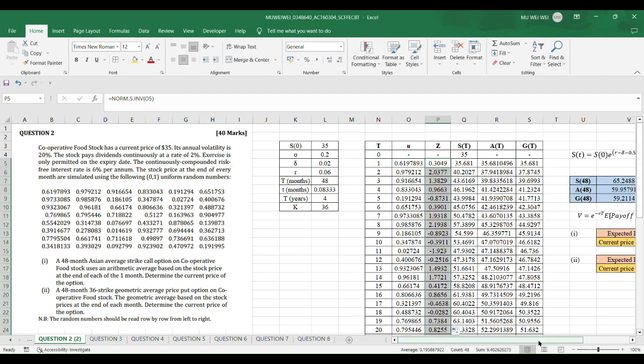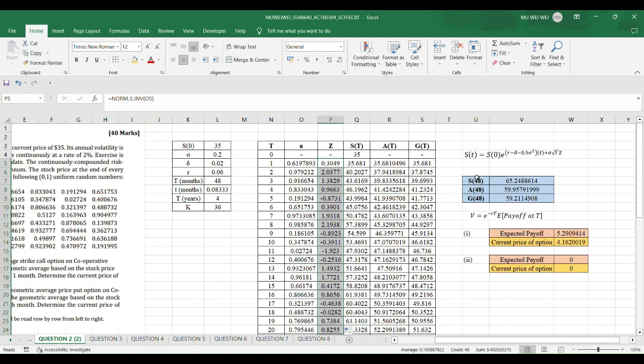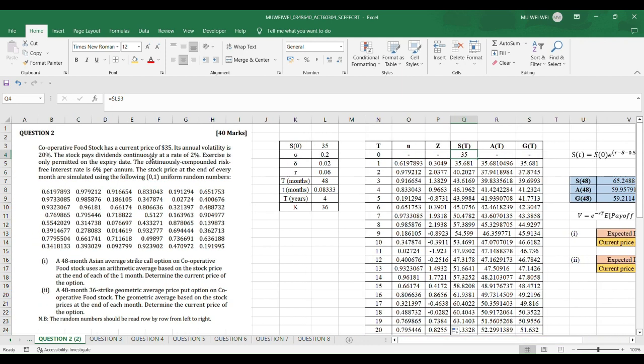To find ST, I use this formula right here, which is ST equals S0 times the exponential of (r minus delta minus 0.5 sigma squared) times T plus sigma square root T times the z-score. S0 is given in the question, which is the current price of $35, so it equals this cell right here.